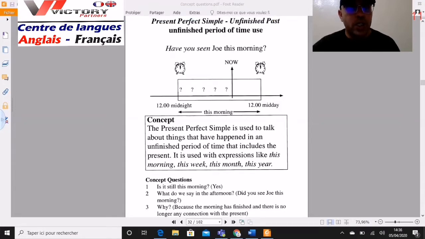Okay, number 2, present perfect simple is used to talk about a finished past, but here we are talking about an unfinished period of time. Have you seen Joe this morning? So here we have the question with have, and this morning is an unfinished period of time.